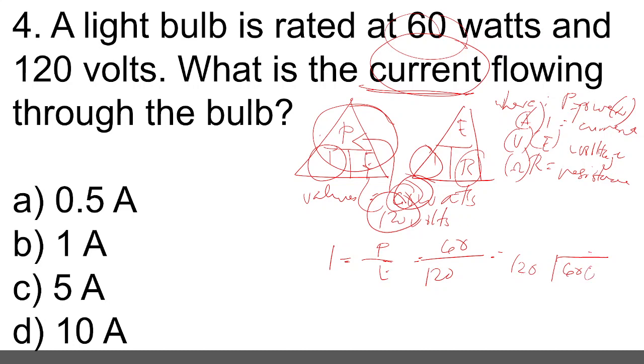Therefore, we borrow, and when you borrow, you add a 0 and a decimal point. Now, you can get 120 from 600, but how many? We use mathematics: 120 times 4 is 480, times 5 is 600. Therefore, that is 0.5 ampere.